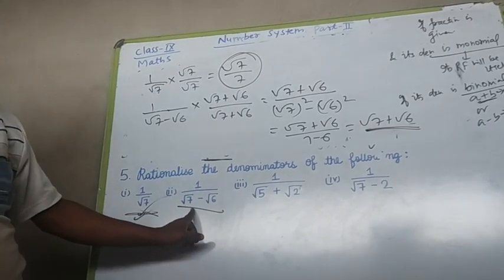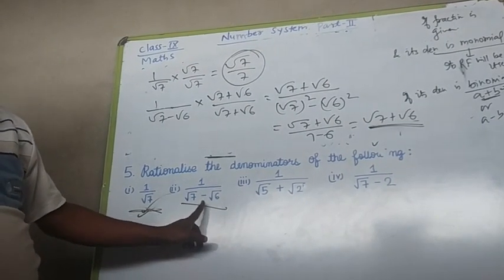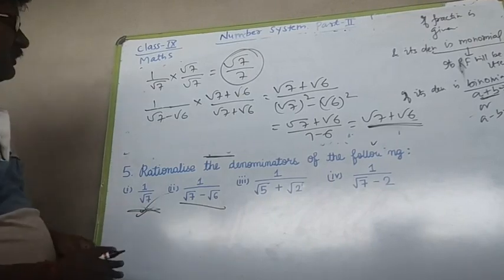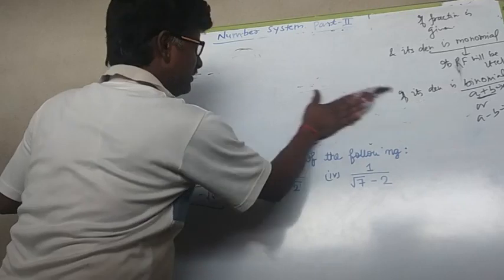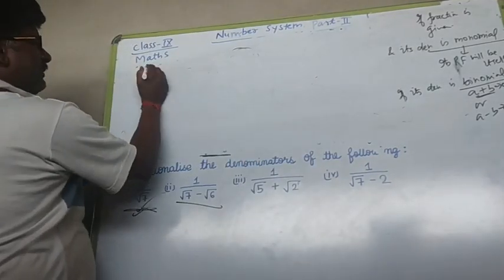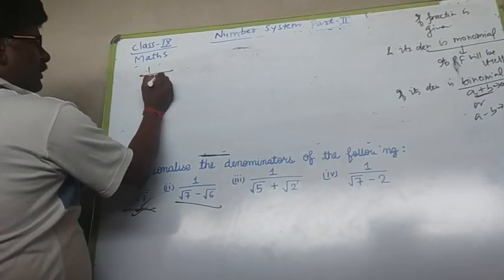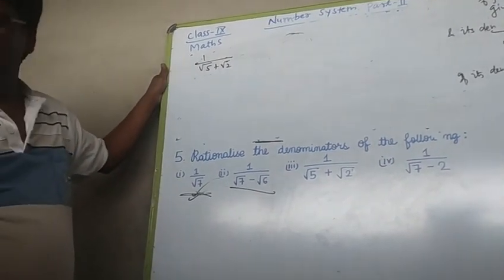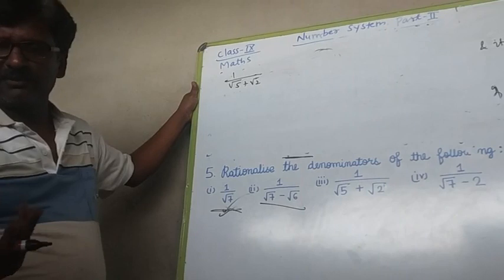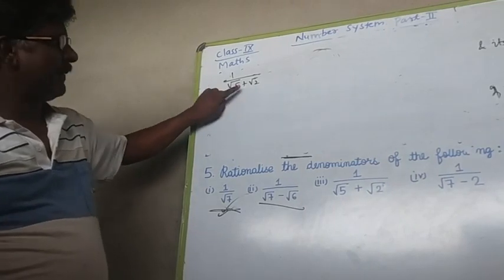That was 1 by under root 7 minus under root 6. Next question, same type of question: 1 by root 5 plus root 2. The denominator is a binomial in the form of a plus b, so the RF will be a minus b, that is root 5 minus root 2.